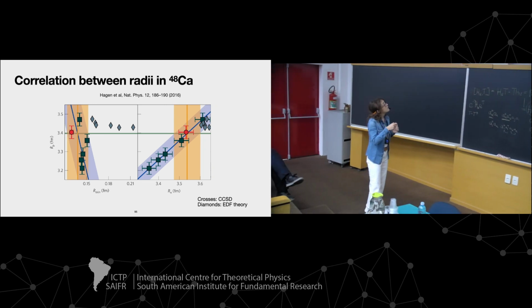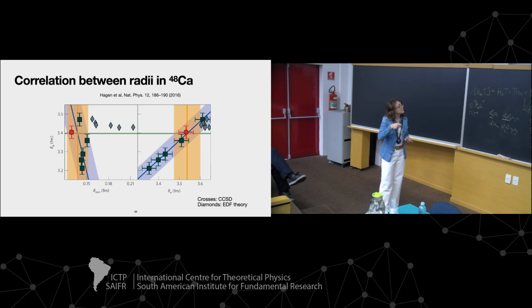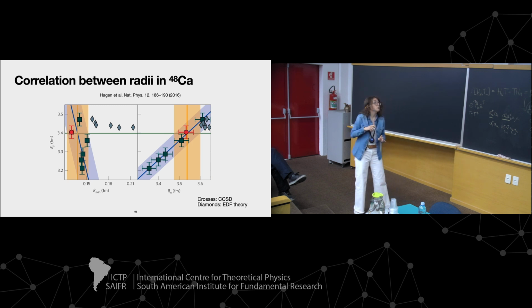So here you see the point proton radius of calcium-48. There is a very precise value available for it. And so if we plot the point proton radius as a function of the skin and as a function of the neutron radius, we can actually exploit the correlation that we obtain in theory in order to obtain a prediction for the skin and a prediction for the neutron radius.